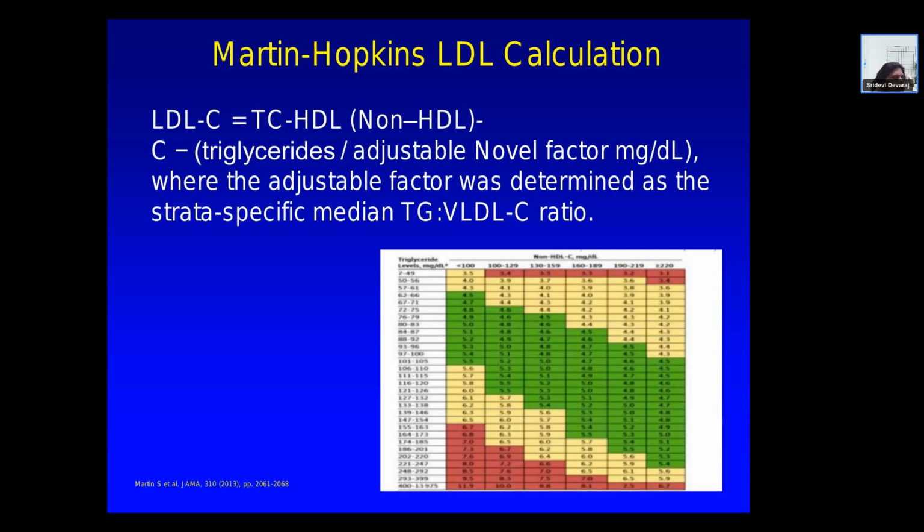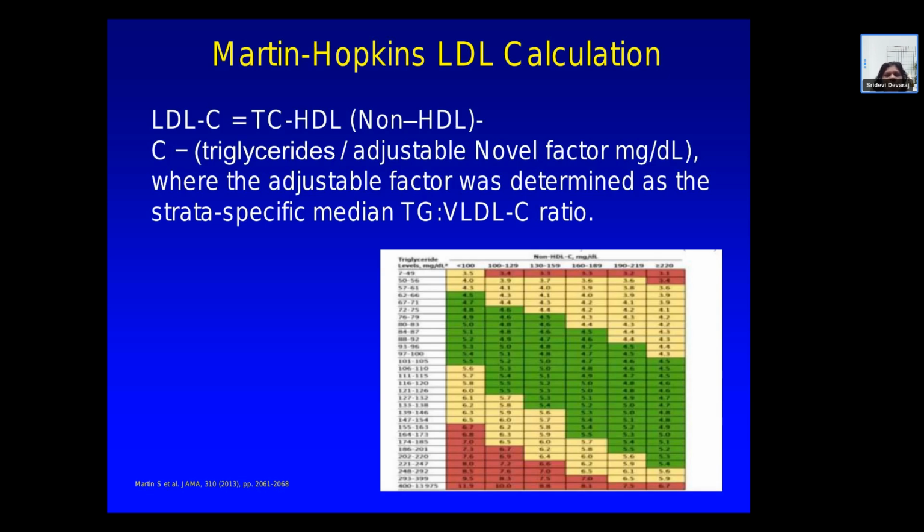So here are the equations that we are going to look at. So this is Martin-Hopkins LDL. It's total cholesterol minus HDL minus non-HDL cholesterol. So basically it's TC minus HDL is the non-HDL cholesterol. And then you have the triglycerides divided by an adjustable Novel factor.